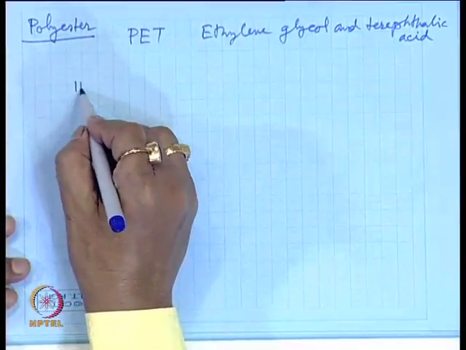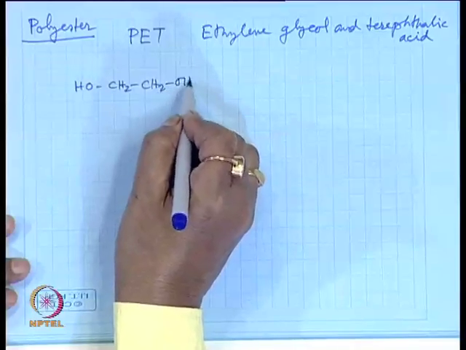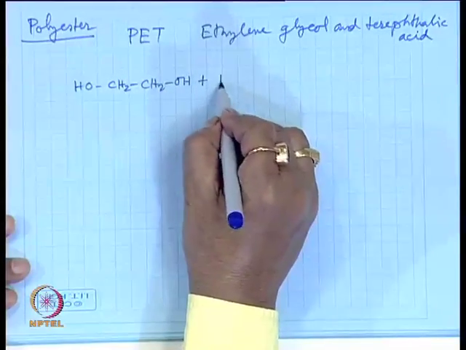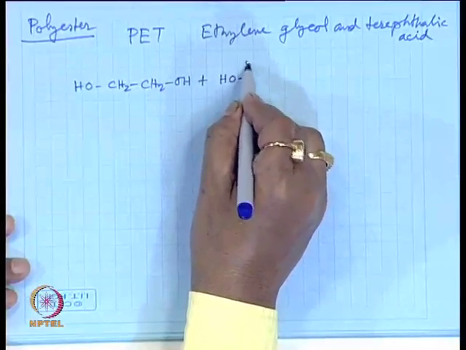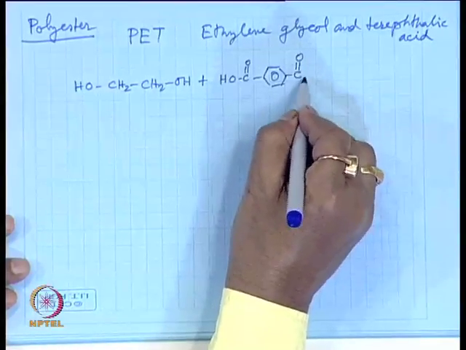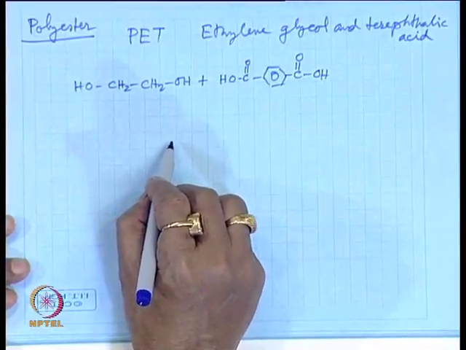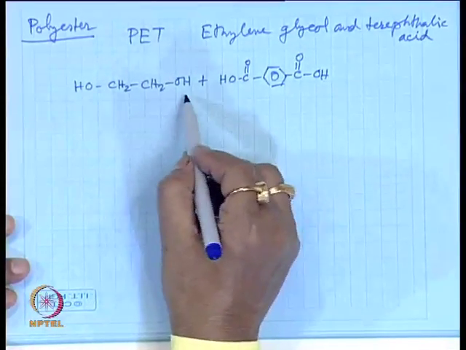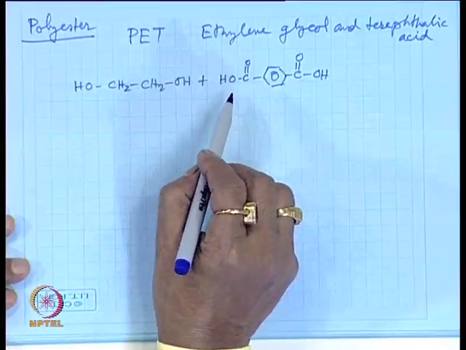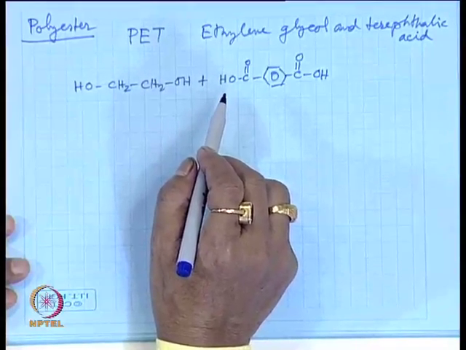What is ethylene glycol? This is ethylene glycol. What is terephthalic acid? Terephthalic acid. So, these two, this is an alcohol and an acid. You know, when an alcohol reacts with an acid, the product is an ester with the elimination of a small molecule as byproduct.